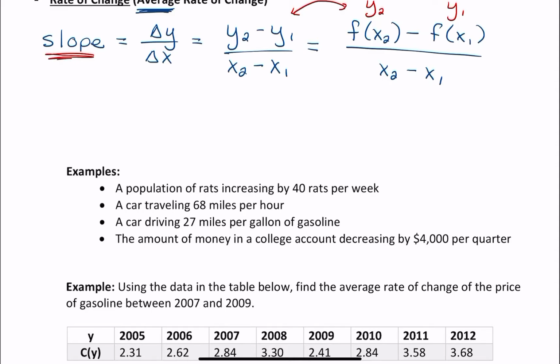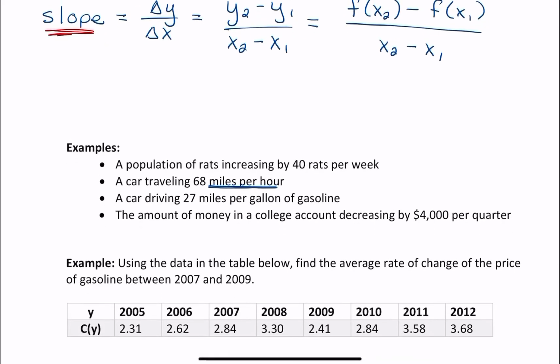The next one is a car traveling 68 miles per hour. So speed is an example of rate of change or slope. A car driving 27 miles per gallon of gasoline, or the amount of money in a college account decreasing by 4,000 per quarter. So all of those are talking about slope or the rate of change.